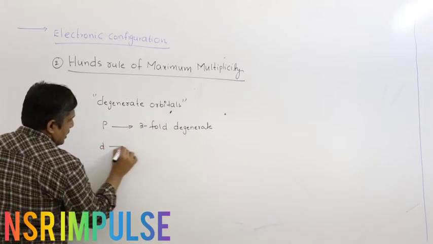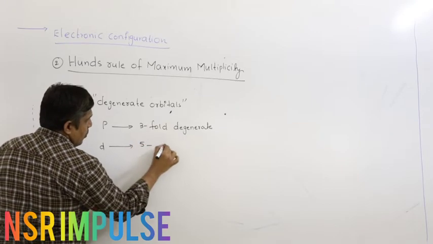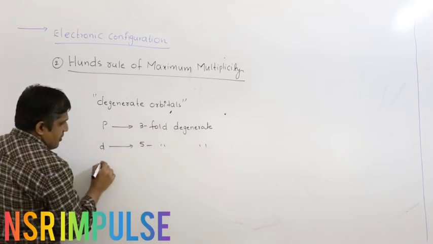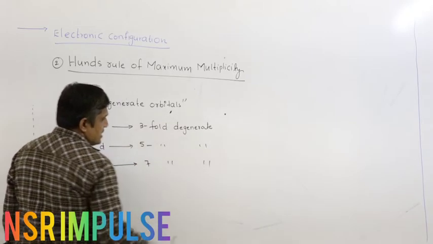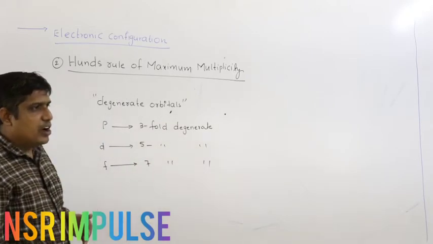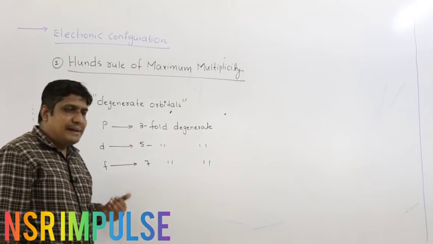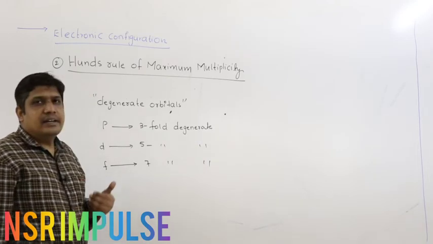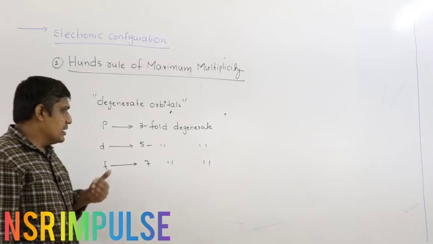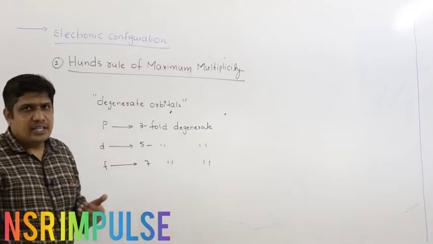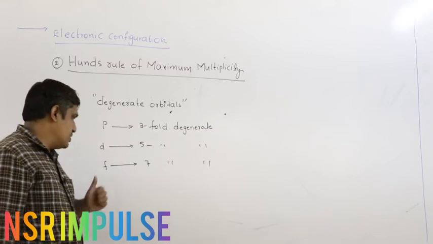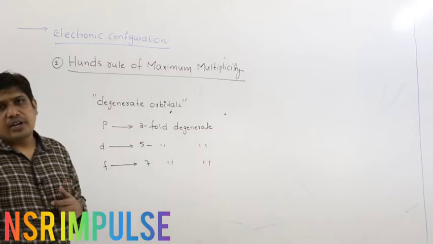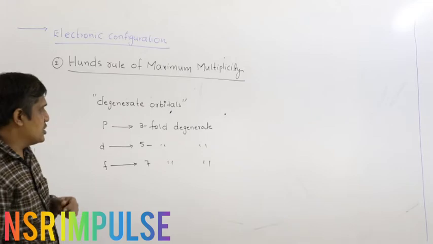The d subshell is fivefold degenerate, and f is sevenfold degenerate. Fivefold means the five d orbitals, namely dxy, dyz, dxz, dx square minus y square, and dz square, are degenerate. That means they have the same energy. Similarly, the seven f orbitals have the same energy.